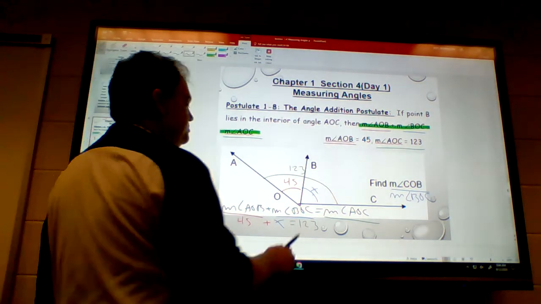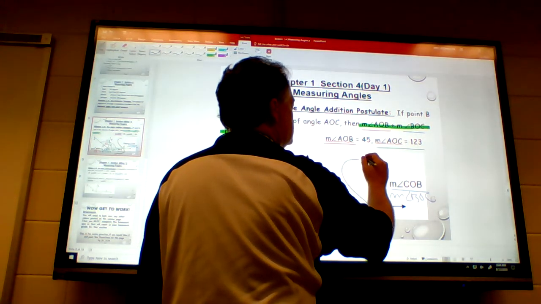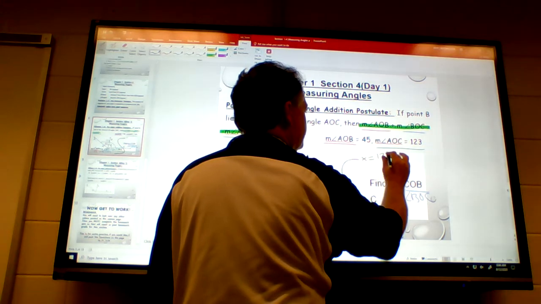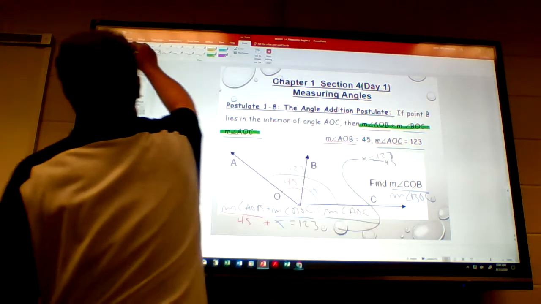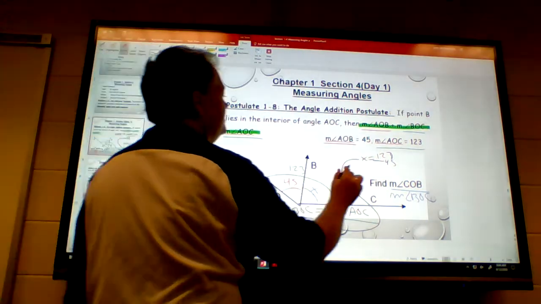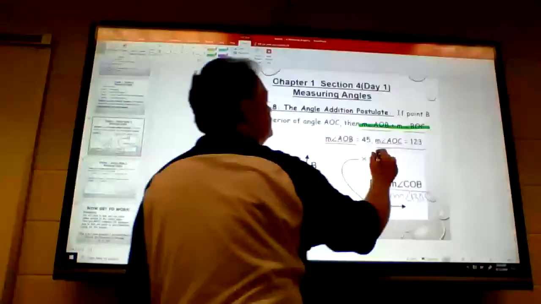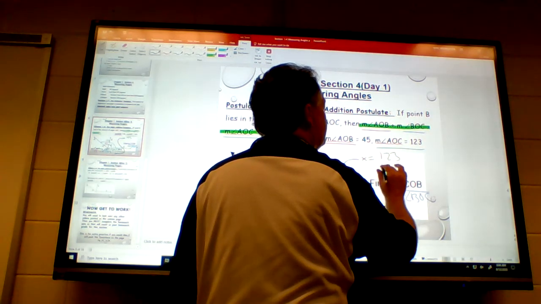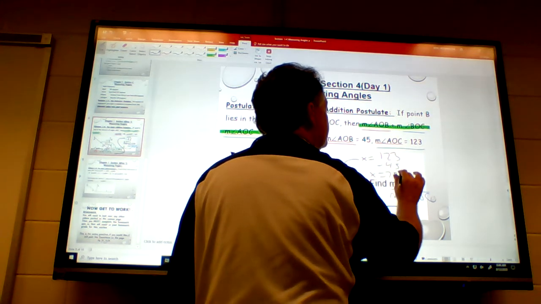When you do the algebra, which I'll just do over here to the side, X equals 123 minus 45. Let me rewrite that, it looks bad. So X is going to equal 78 degrees.